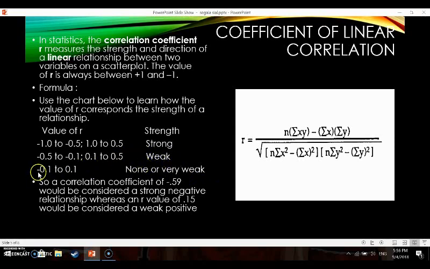And if you get -0.1 to 0.1, the strength is none or very weak. So for example, a correlation coefficient of -0.59 would be considered a strong negative relationship, whereas an R value of 0.15 would be considered a weak positive.